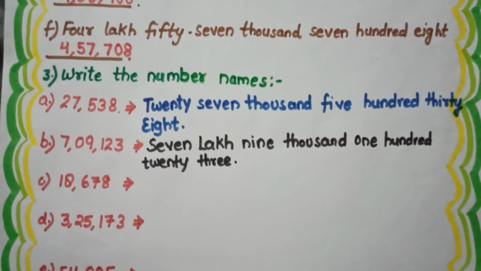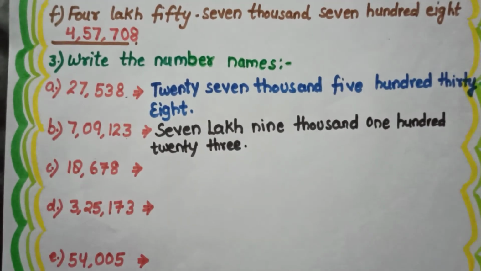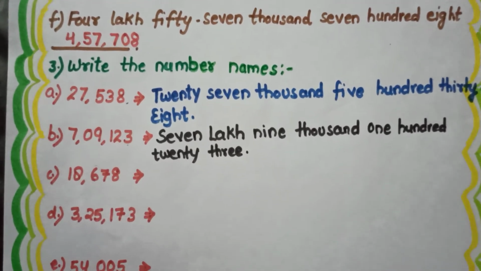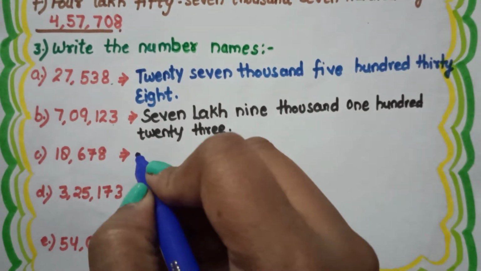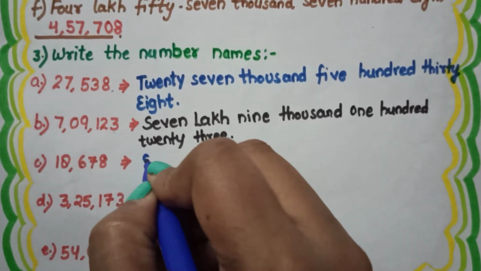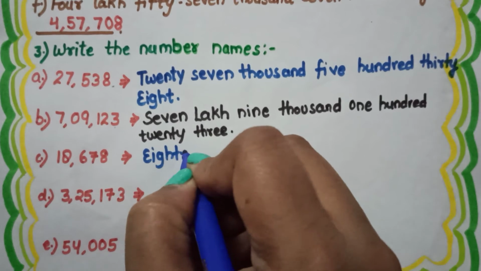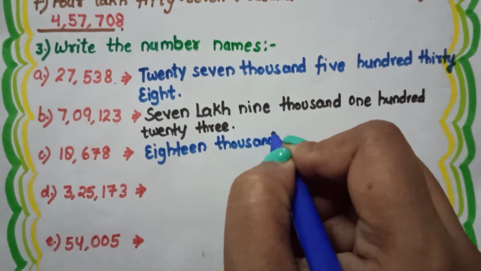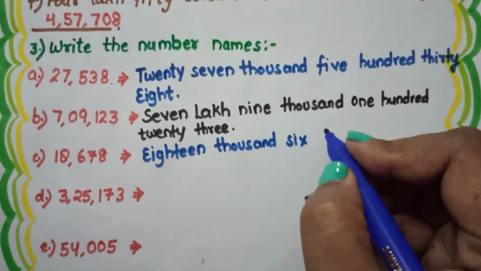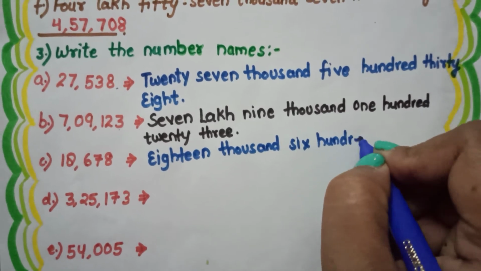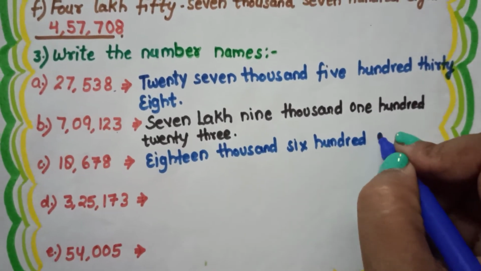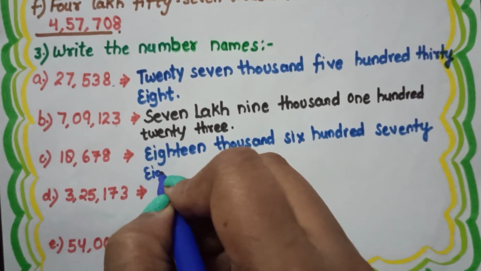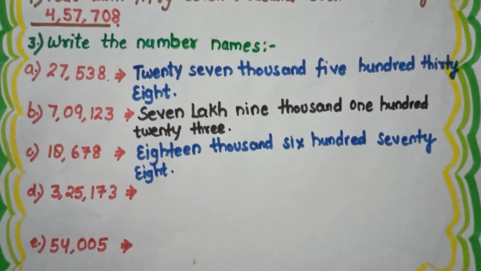Okay. Now C part. 18,678. So we are going to write down its number name, and it will be like this: 18 thousand, 678.